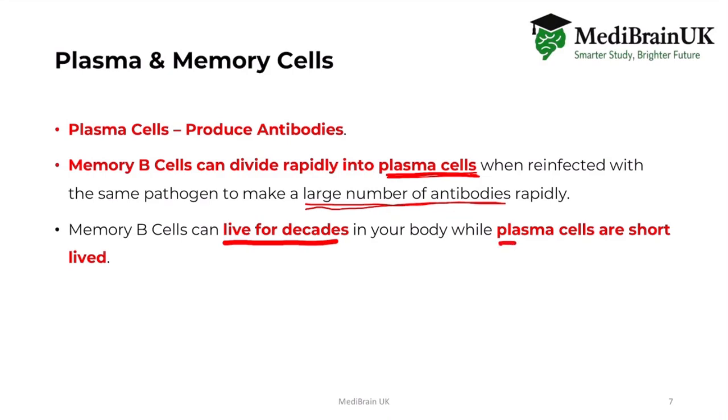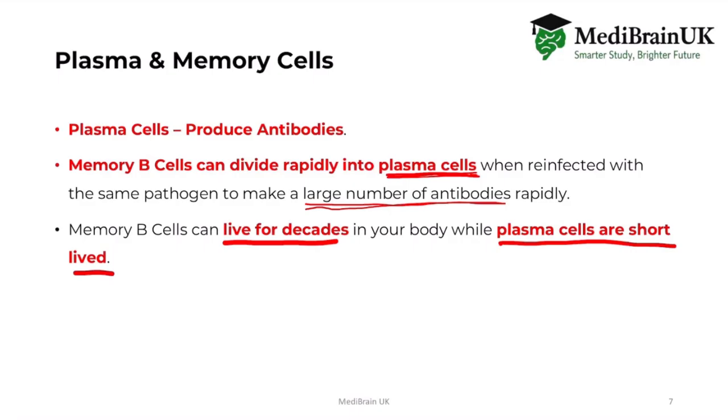That's why your plasma cells are there. They are very short-lived. Okay, so your memory B cells are the ones which are stored in your long-term memory and they can live for decades within your body. And when needed, they will divide into plasma cells, which are the ones which produce your antibodies.